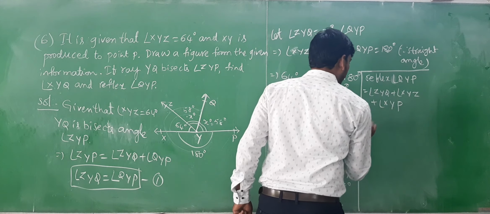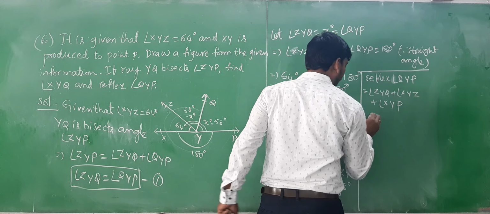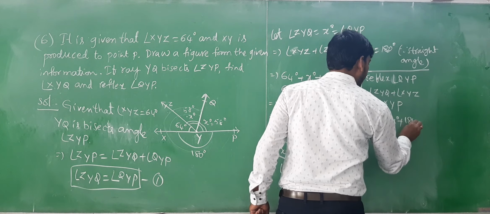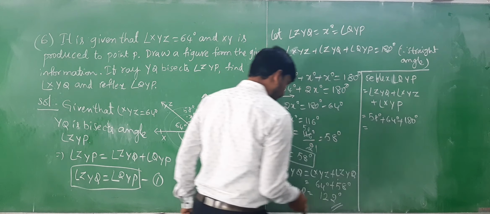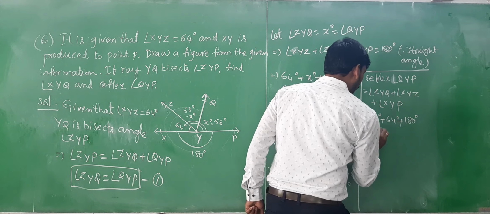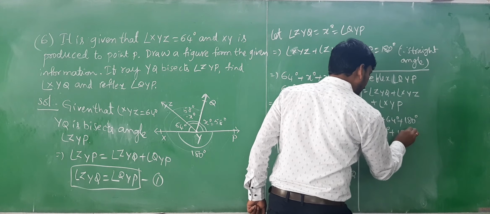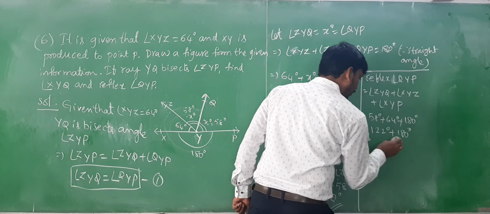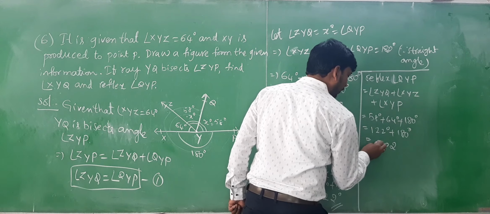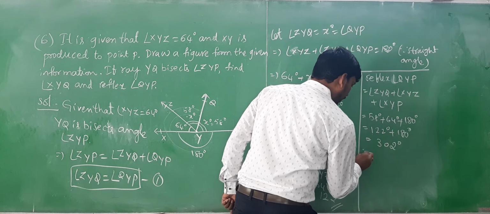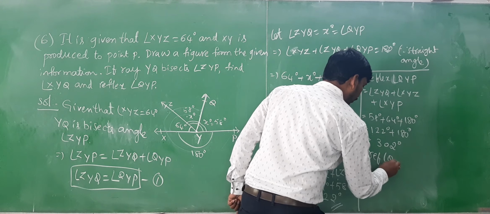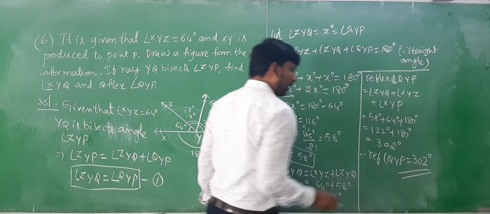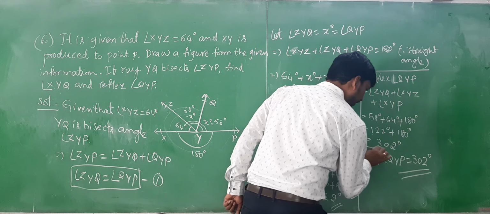ZYQ is 58 degrees, plus 64 degrees, plus 180 degrees. 58 plus 64 we just got as 122. So 122 degrees plus 180 degrees gives 302 degrees. Therefore the reflex of angle QYP is equal to 302 degrees. Is this clear? Write in the box.